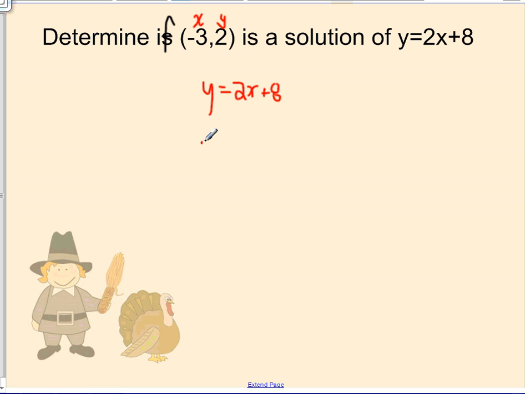So if I have 2 equals 2 times negative 3 plus 8. Alright, well I have 2 equals, and 2 times negative 3 is negative 6, plus 8.